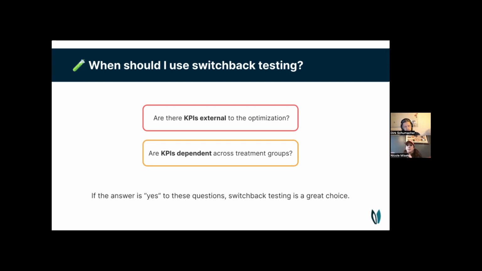It's independent of what happens in your control group. The KPIs are independent between those two groups. But in a routing problem, that's not the case, and we're going to touch on that in a minute. Basically, we think about this as network effects, where you don't have a proper separation between your treatment and control groups. This is very common in multi-sided marketplace problems, and if this is the situation, then you would definitely want to do a switchback test for your production testing.